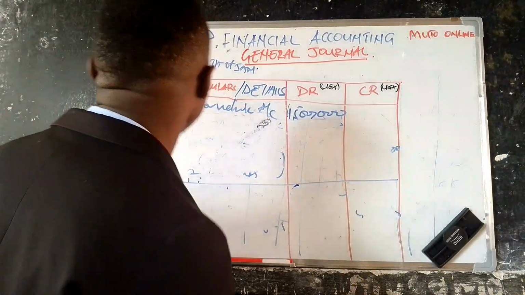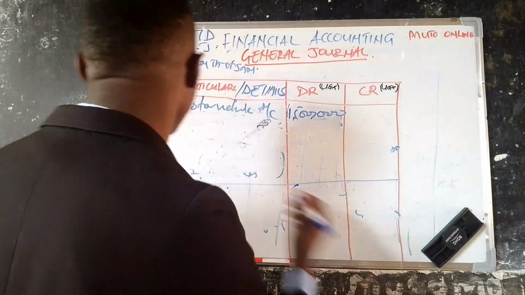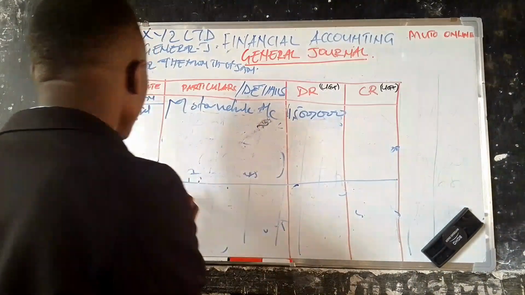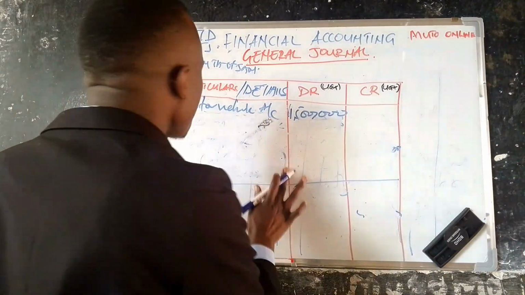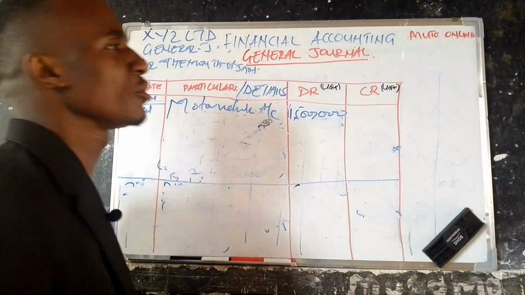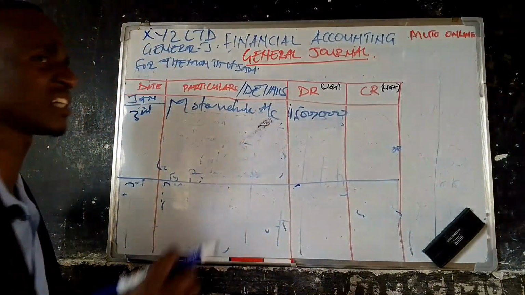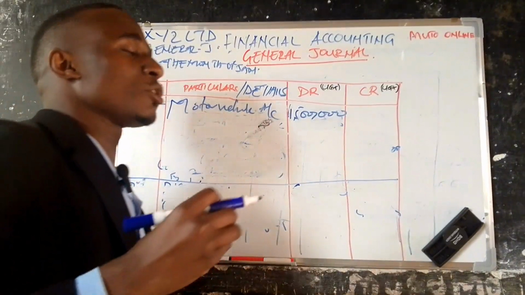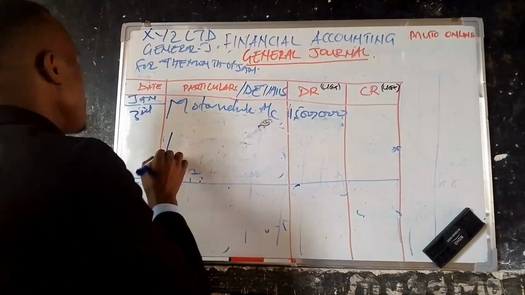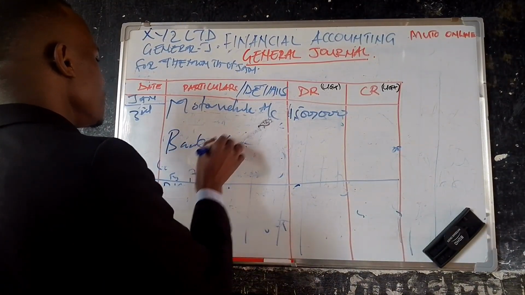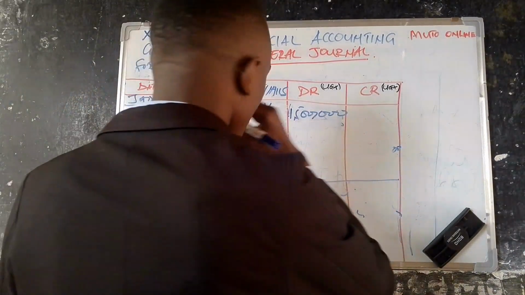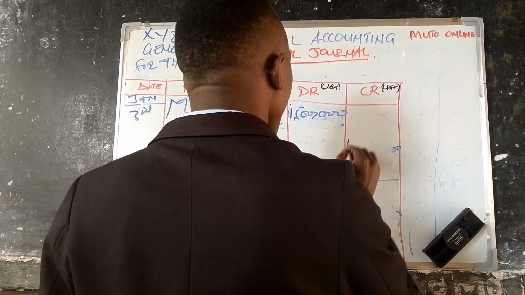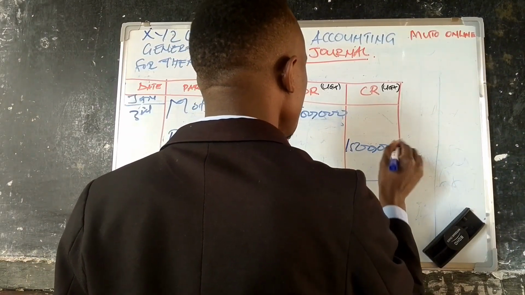Please don't forget that. And here we are purchasing the motor vehicle by check. One may say, why am I not putting a check account? No, we don't have a check account, but instead of a check account, we always get the check from the bank, and we have the bank account. And we are going to credit the bank account with 1.5 million.